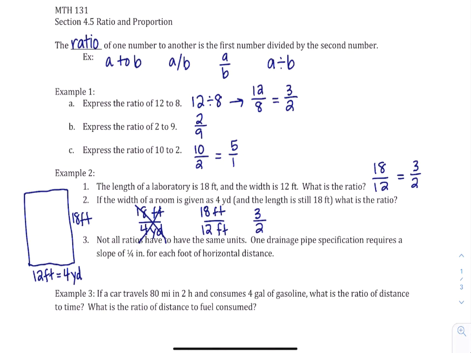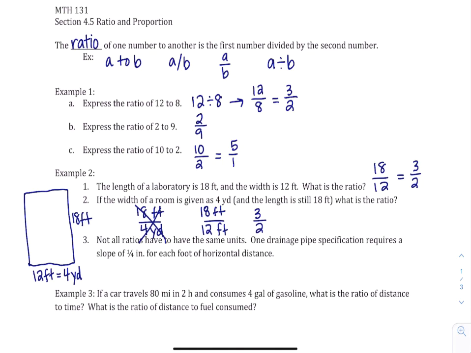But, like I said, not all ratios have to have the same units, particularly in things like slope or pipe specifications, looking at the slope of a ramp, the slope of a road. Sometimes those will be measured in the feet over a certain number of miles or the inches over a certain amount of feet.